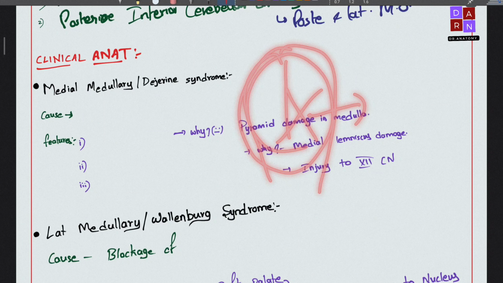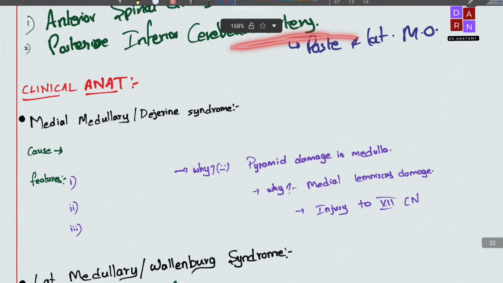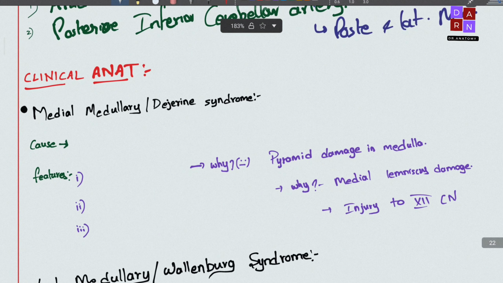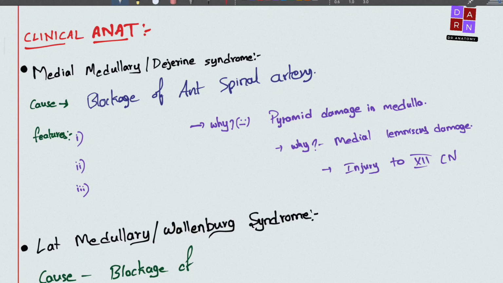The medial part is supplied by the anterior spinal artery. So the cause of medial medullary syndrome is blockage of the anterior spinal artery.